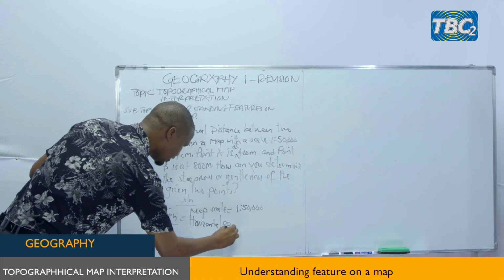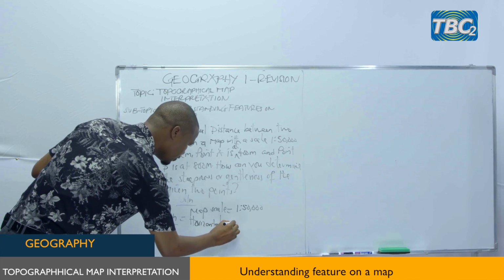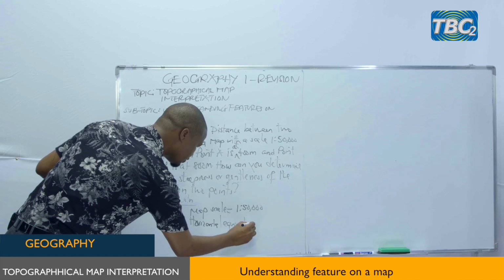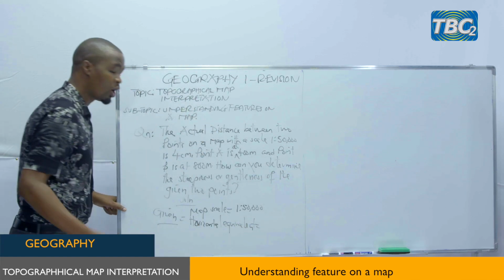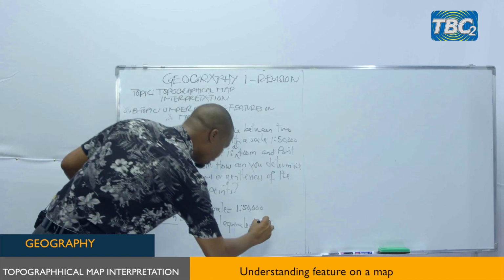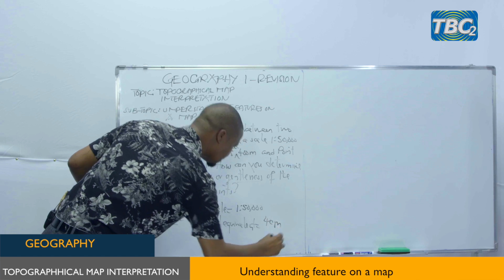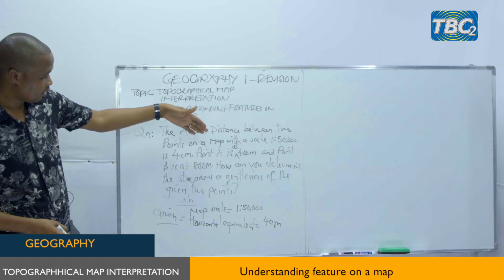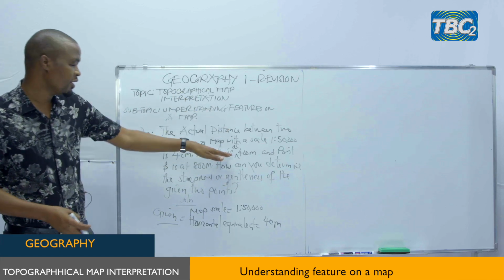If you ask what the horizontal equivalent is, we refer to the actual distance between the 2 points on a map, which right now is 4 centimeters.